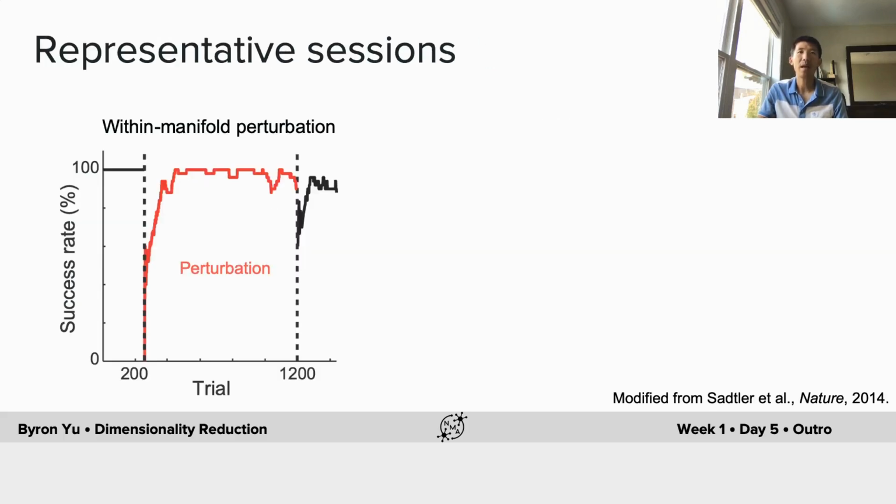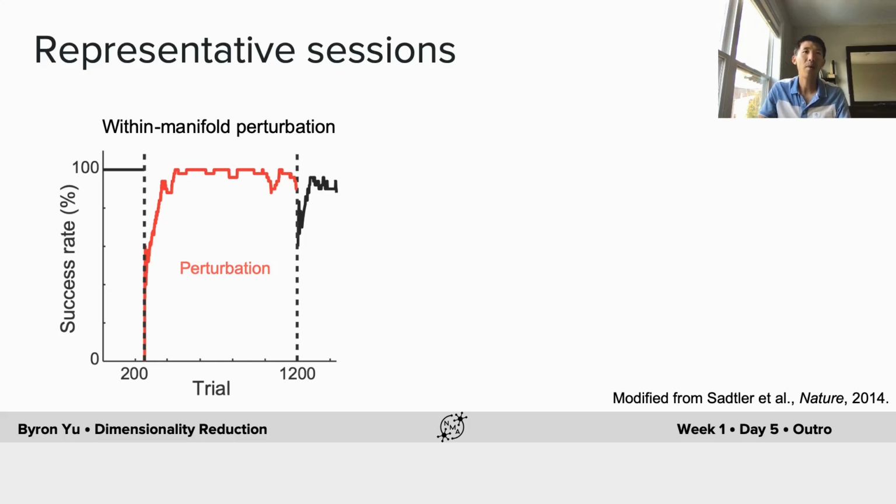Okay, so let me show you data from a couple representative sessions. The vertical axis here is success rate, and the horizontal axis here is trial number throughout the course of a session. And here's a representative within manifold perturbation session. So at the beginning, the animal uses an intuitive mapping, and performs at 100% with it.